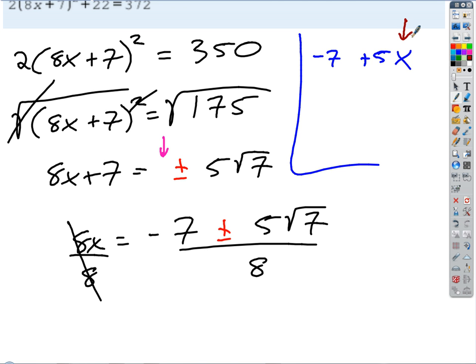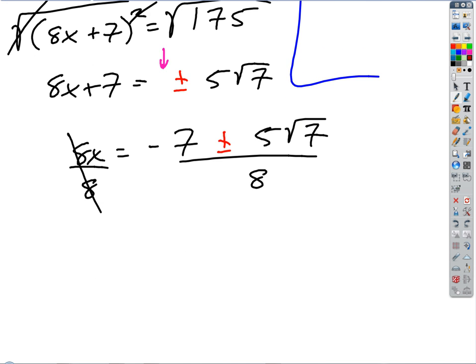The factor happens to be a variable, but it's just another factor that the negative 7 is not multiplied by. It doesn't make any difference if that's an x or a square root of 7. It's still a factor that the 5 is being multiplied by and the negative 7 is not. And so therefore they do not combine.